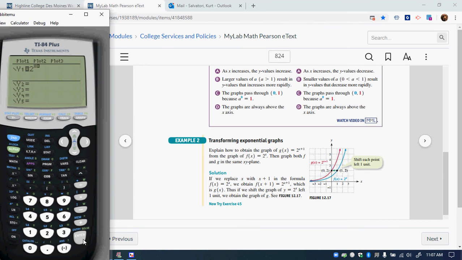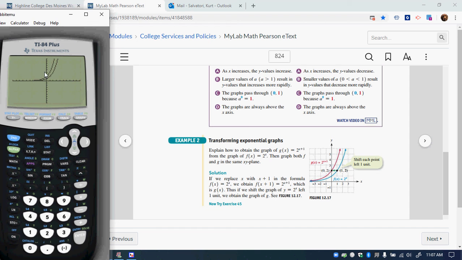Okay. And then if we want to move the equation to the right, we would go 2 to the power of x plus 1. Okay. And so now when I hit graph, you see what it looks like originally as a growth, and then how you can actually move the equation to the left. And so that's what's happening.